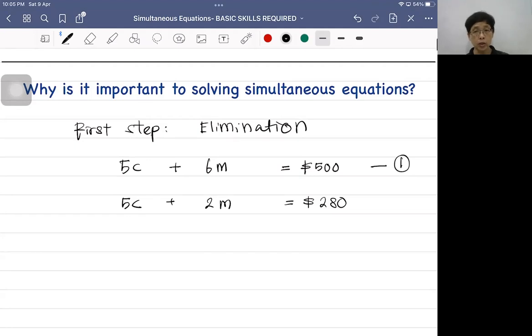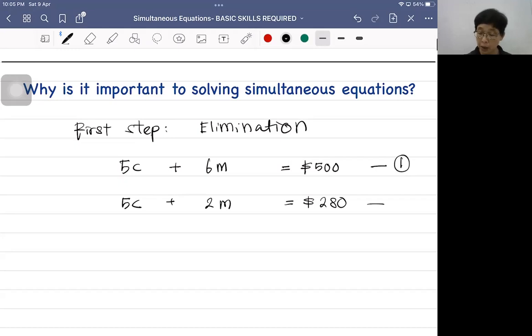So in order to solve for the unknowns, for example, maybe C represents the petrol expenses for using a car, and M is the expenses for using a motorcycle.